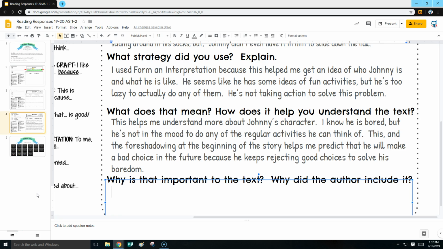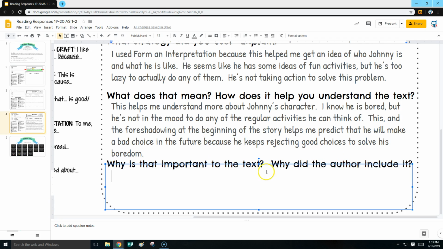This, and the foreshadowing at the beginning of the story, helps me predict that he will make a bad choice in the future because he keeps rejecting good choices to solve his boredom. So I really had to think more about, well, what does this mean? It means that he's bored, but it also means that he is choosing not to do regular activities, which means that maybe in the future he'll choose something that's wrong, which we know is what happens, right?